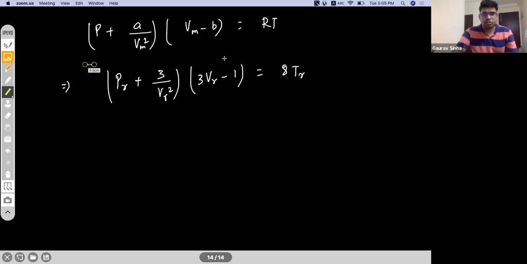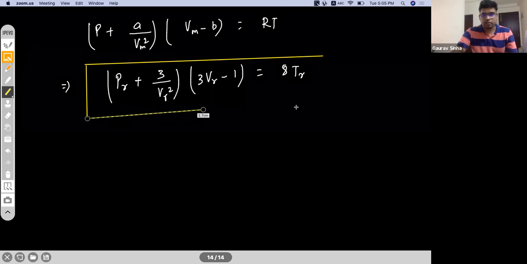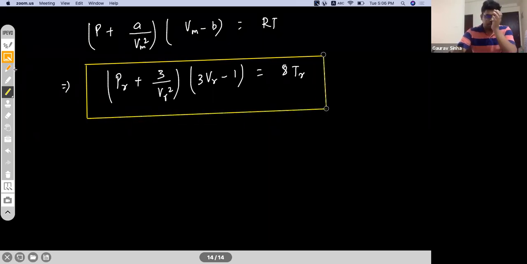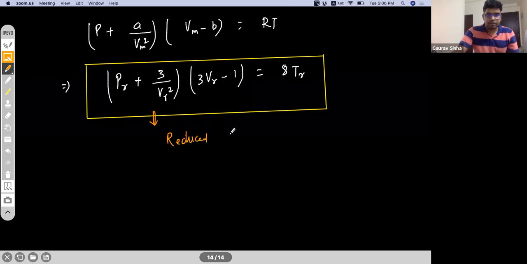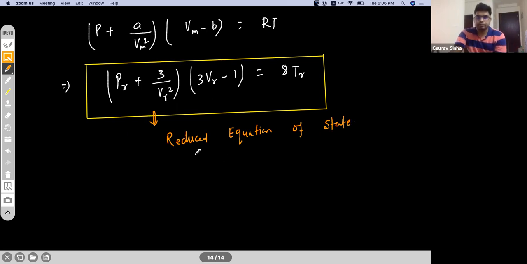Vm is 3Vr. So this is called the reduced equation of state. Okay, copy this down.